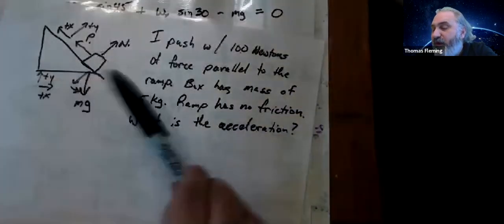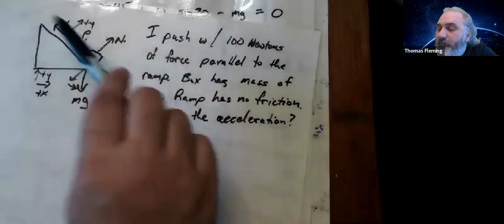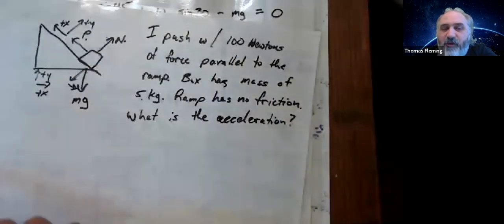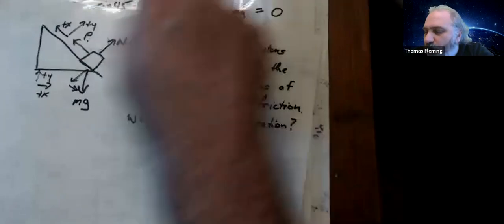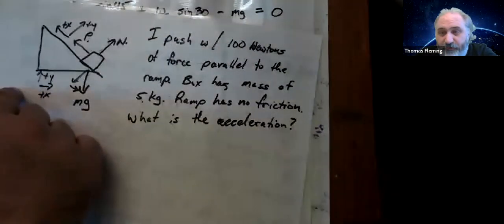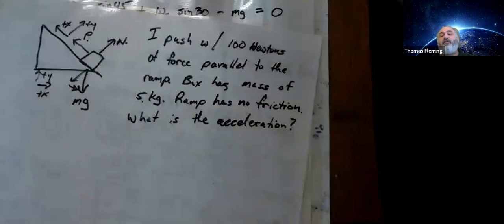It's going to move in the x direction for sure, but it will not be moving in the y direction, because that would mean it either flies off the ramp, which it's not going to do, or sinks into the ramp, which it's not going to do. So by choosing that coordinate system, I automatically know that the y component of the acceleration has to be zero. That means there's one less acceleration for me to solve for. It's going to be way, way easier to do this problem.